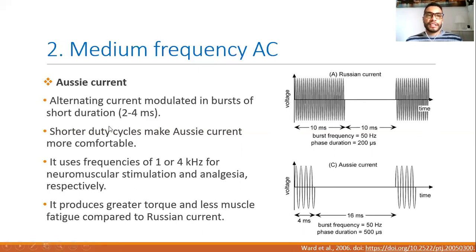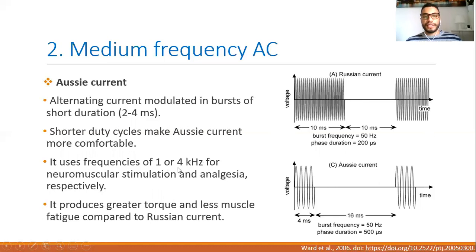The Aussie current can use frequencies of 1 or 4 kilohertz, or 1000 or 4000 hertz, that are mainly used for neuromuscular stimulation or analgesia.